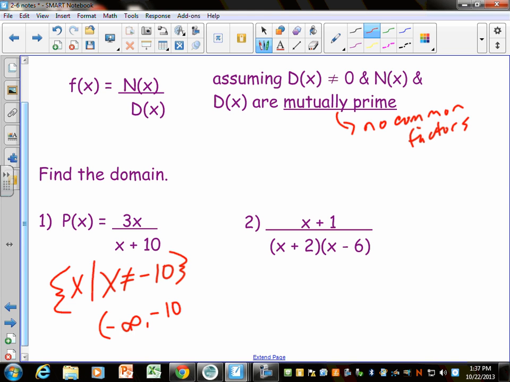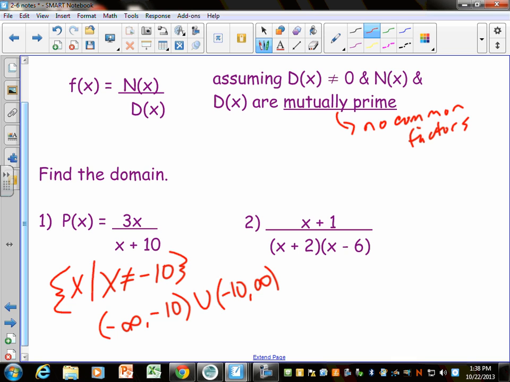Negative 10. Right? So a lot of people like set notation better because they don't like skipping around, but this is everything but negative 10. So it's just kind of making those little intervals. I usually put the u in between it. That's mathematically correct. If you didn't put the u, I wouldn't mark it wrong.